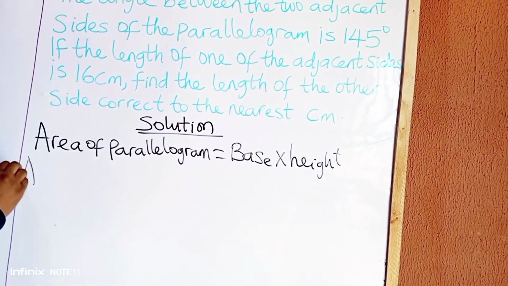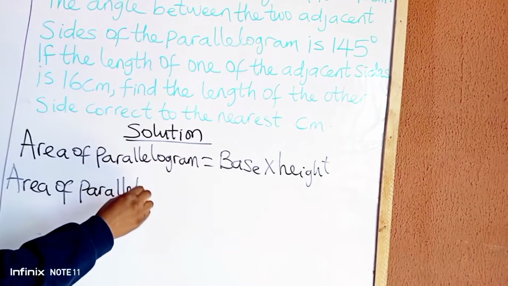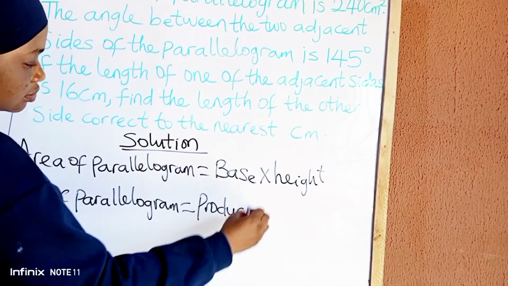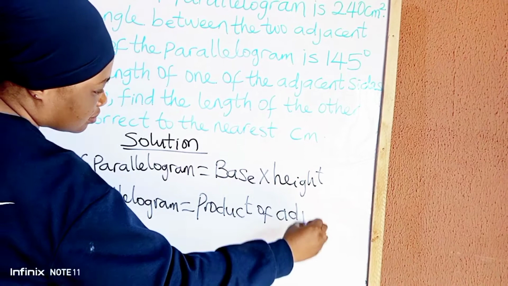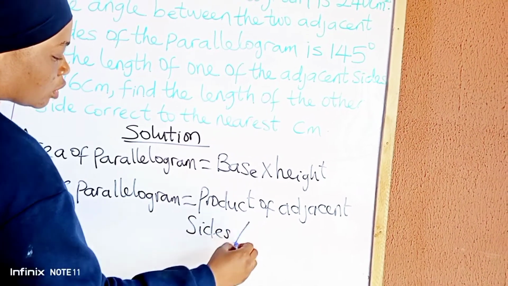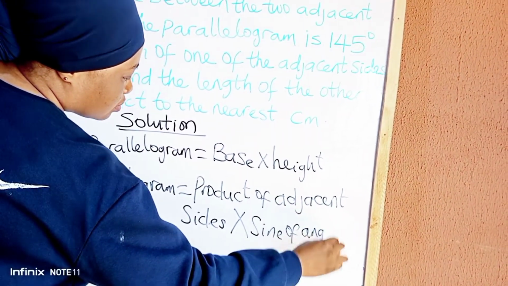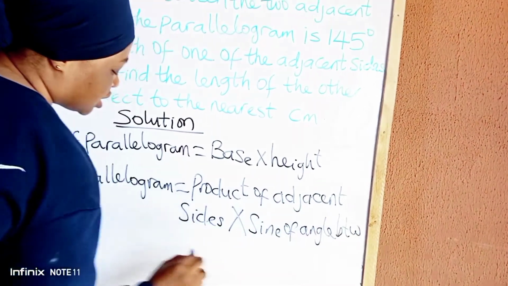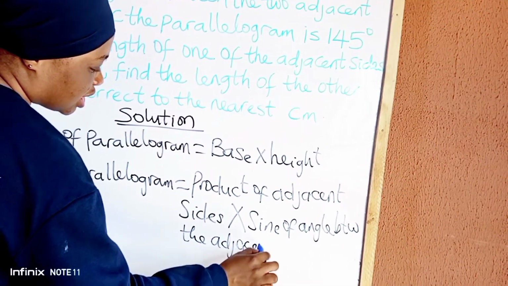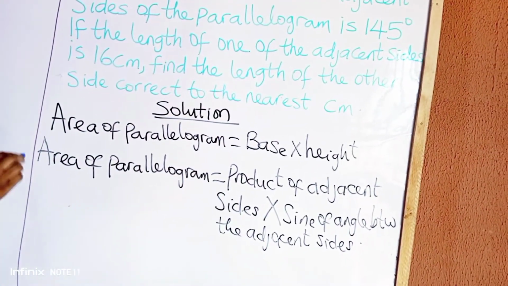The area of a parallelogram will be equal to the product of adjacent sides, then multiplied by the sine of the angle between the adjacent sides. So this is the formula that we're going to use now.